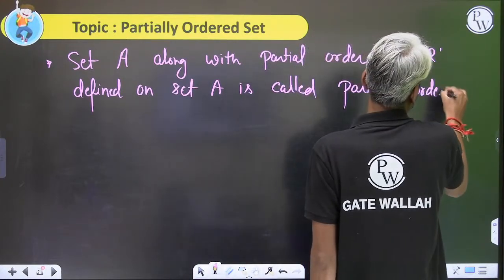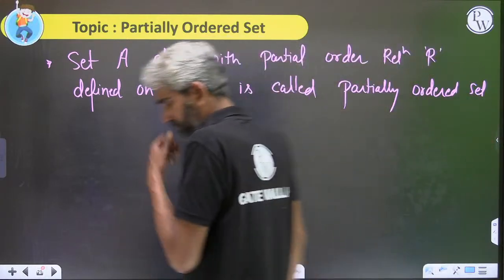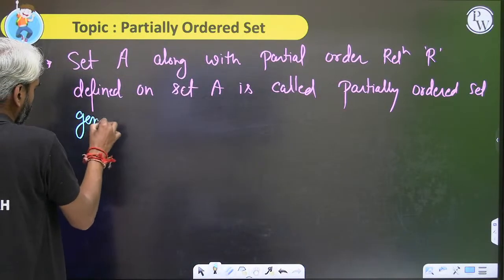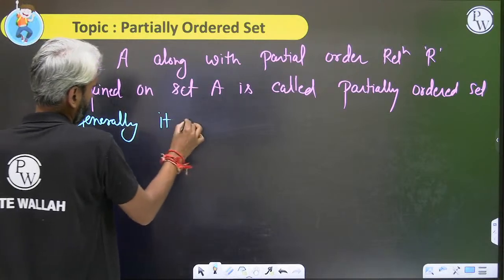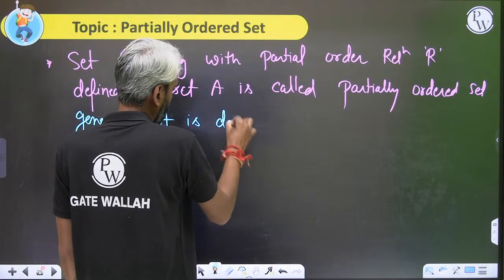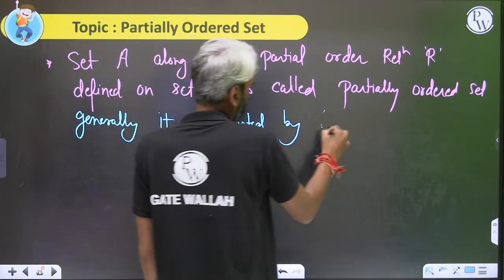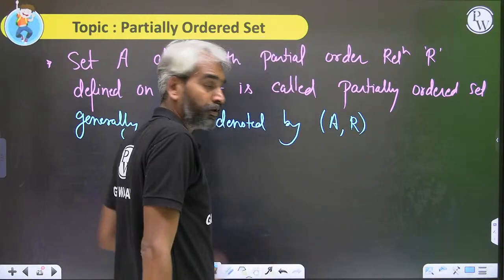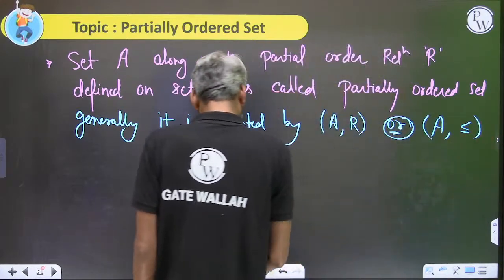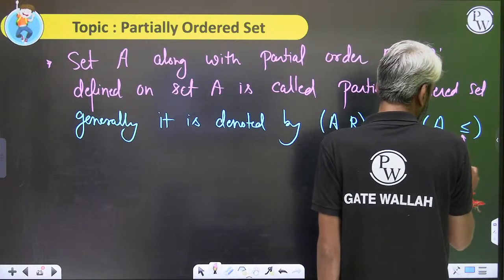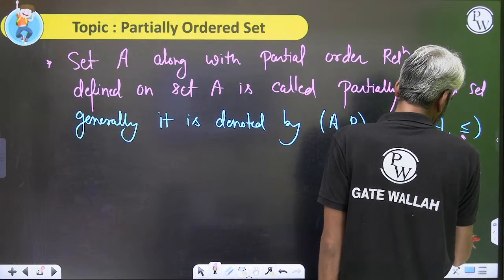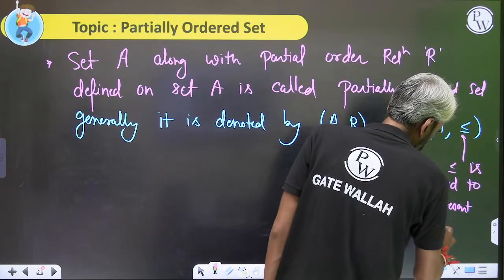So if you have a set and a partial order relation, it is generally denoted by the set name and the partial order, where the symbol less than or equal to is used to represent the partial order.